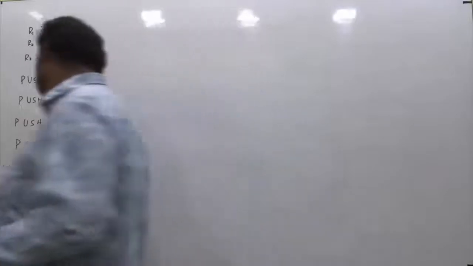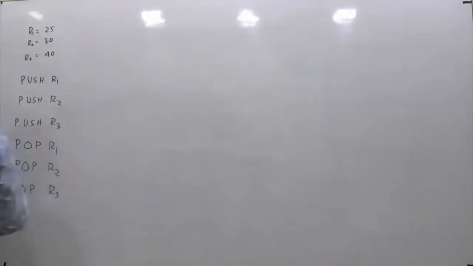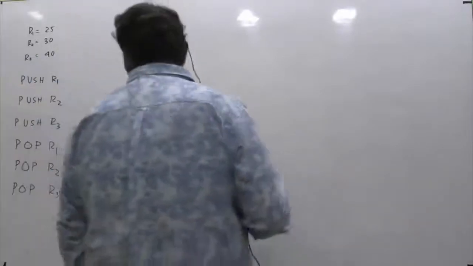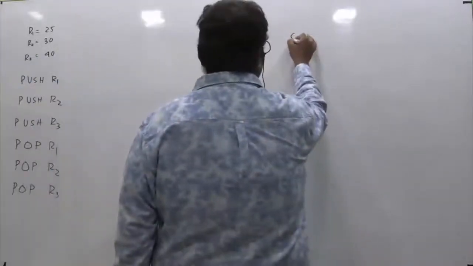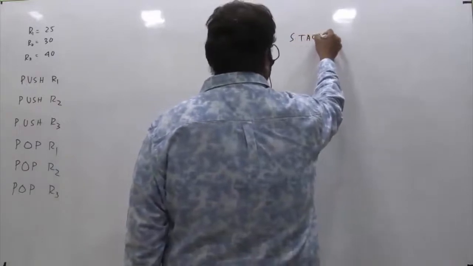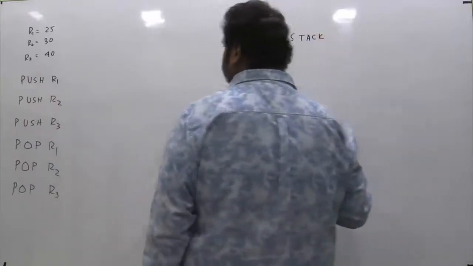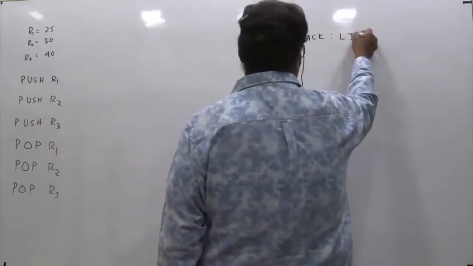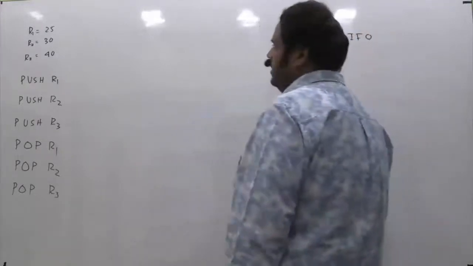So this is the set of instructions given, and initially the contents are initialized to 25, 30 and 40. Then we are supposed to find what the contents of R1, R2, R3 are after execution of this set of instructions. In push and pop instructions, the concept of stack memory comes into the picture, and stack works with a principle called last in first out, LIFO.